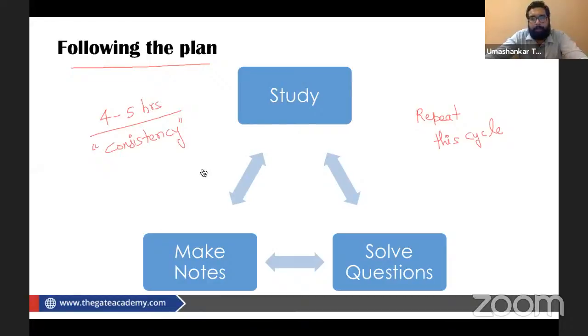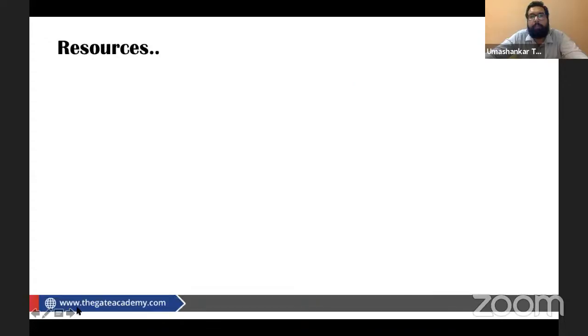Getting my point, beta? So according to the timetable of your coaching, you can plan your hours of self-study, because self-study is also mandatory. If you are doing coaching, you have to study by yourself also. Yes, 8 months are more than sufficient for the GATE examination.